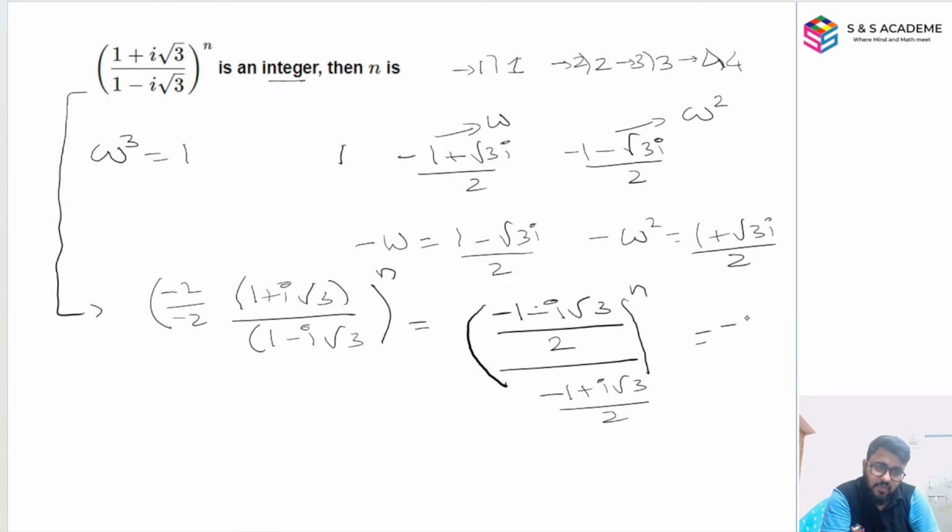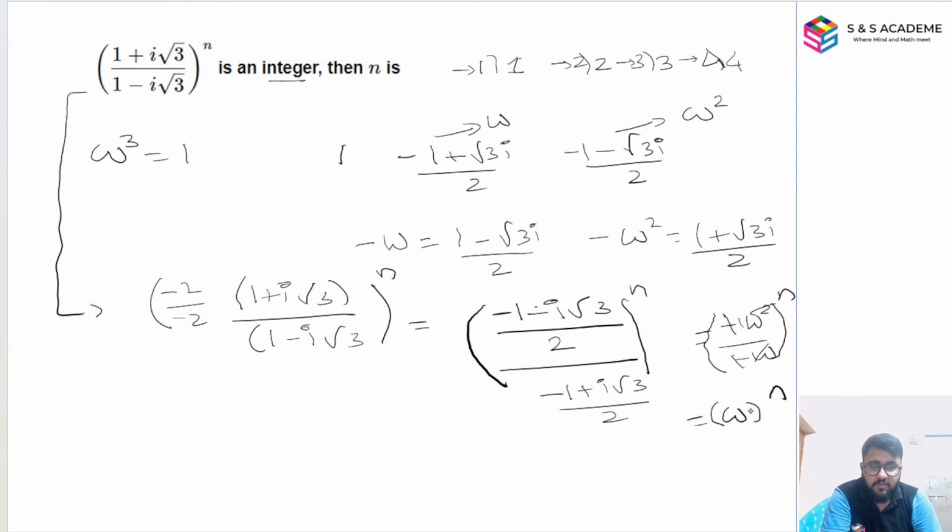So this will be minus omega square by minus omega, the whole power n. The minus cancels and omega square cancels, so we are left with omega power n. For what value of n is omega power n an integer? Omega power 1 gives us omega, which is not an integer, obviously it's a complex number.